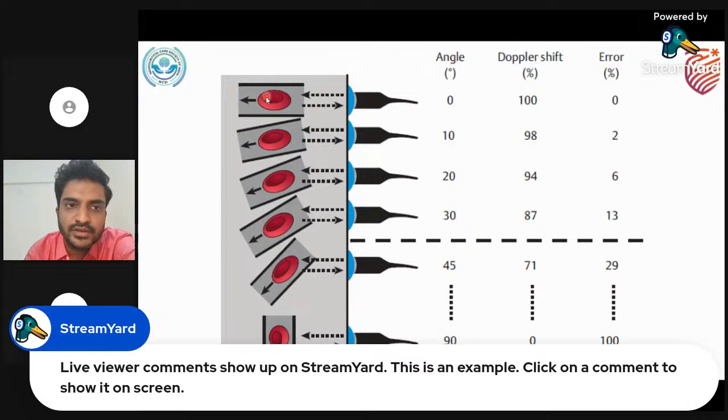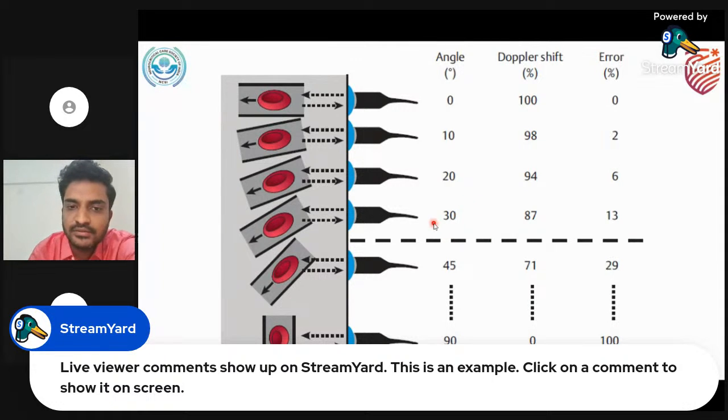This is the point of interest of the vessel, and this is the blood which is going into the vessel. If your vessel and your beam are parallel to each other, the angle between them is 0, and you get a 0 error, a perfect Doppler shift and a perfect graph. The same thing does not happen as the angle increases; your error increases. So you might want to keep the error as low as possible.